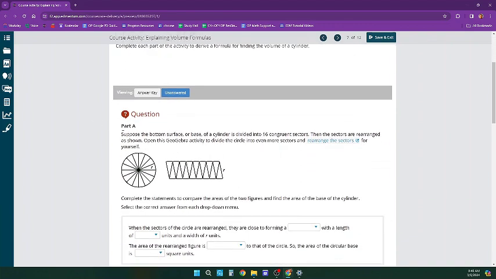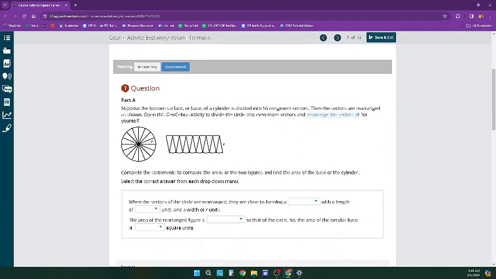So part A asks us to suppose the bottom surface or base of a cylinder is divided into 16 congruent sectors. The sectors are rearranged as shown. So we have our circle cut into different parts, and they're rearranged to form this shape. And we're meant to open our GeoGebra activity to divide the circle into even more sectors and rearrange them for ourselves.